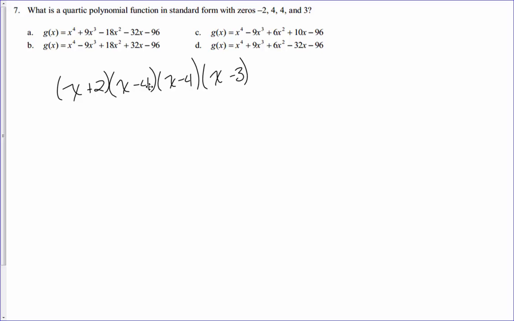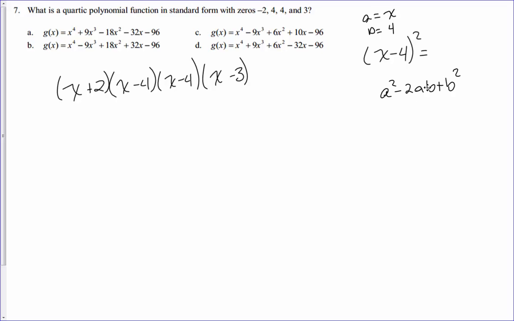Now, because this is a special case, this is essentially x minus 4 squared. And of course, when you have a minus b squared, it comes out to a squared minus 2ab plus b squared. So x in this case is a, and b in this case is 4.